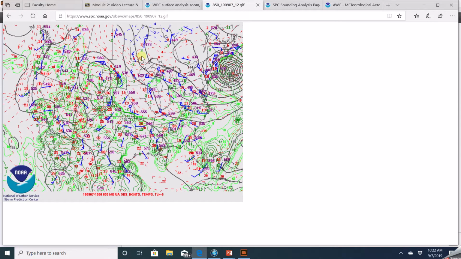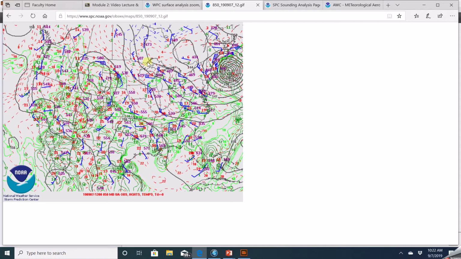When you look at an upper air map, each one of these readings is pressure, except in upper air, it's contours. So instead of looking at pressure, this is all at the same 850 millibars. But the 850 millibar surface varies with height, depending on pressure patterns that go with it.